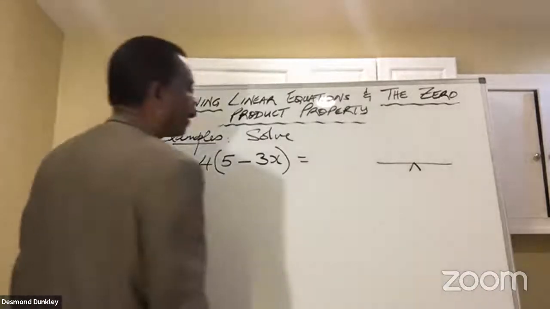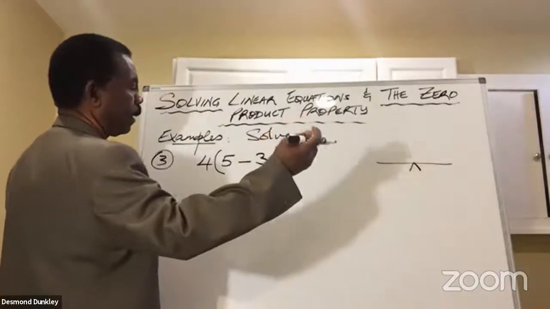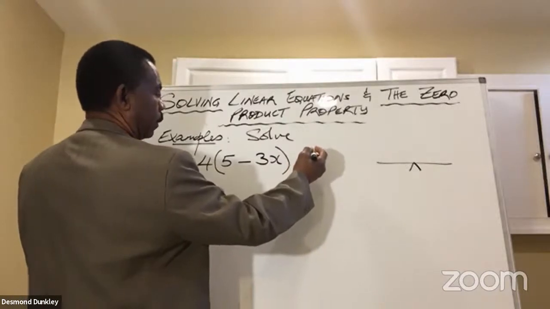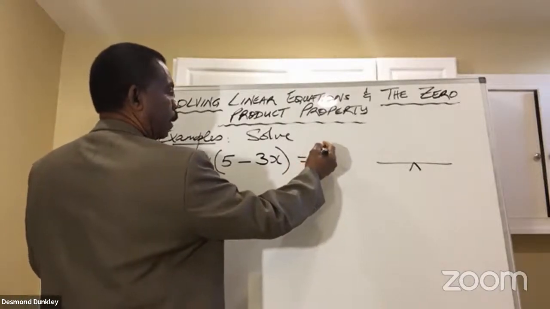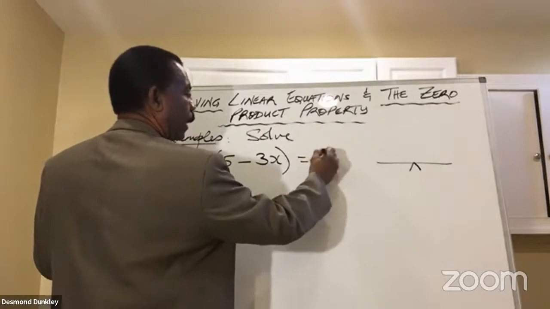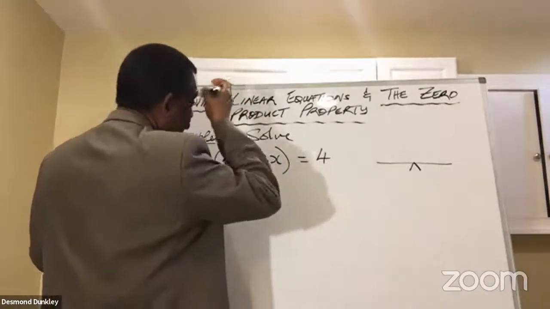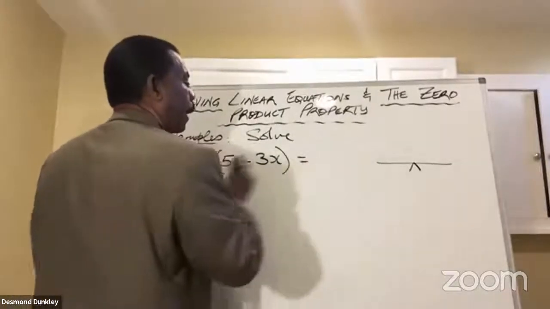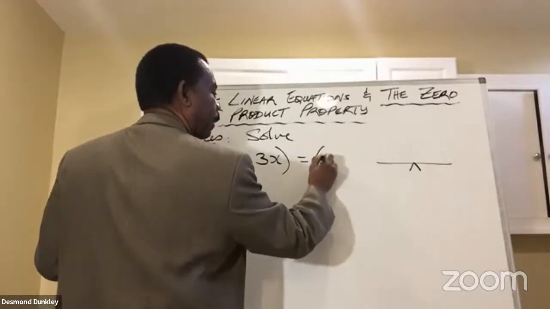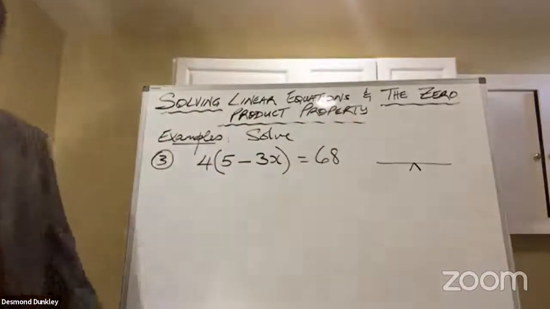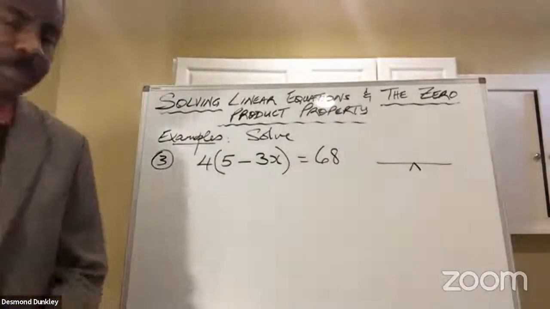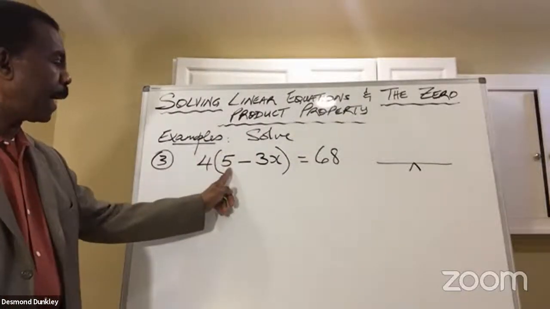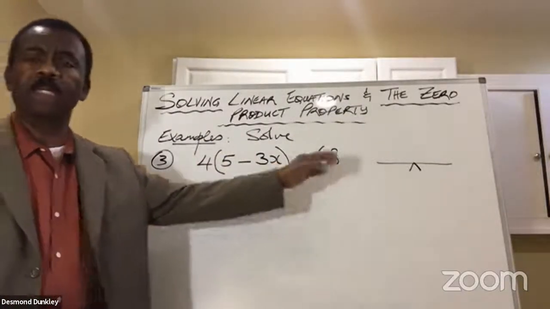Let's try something. Let's go for 68. Let's try a big number. What do we have? 4 parentheses 5 minus 3x equal to 68.